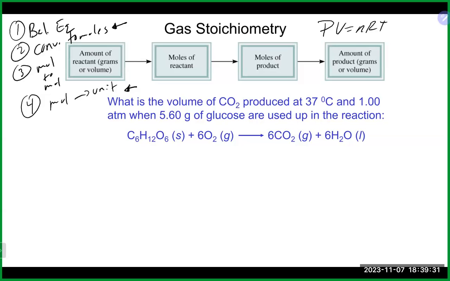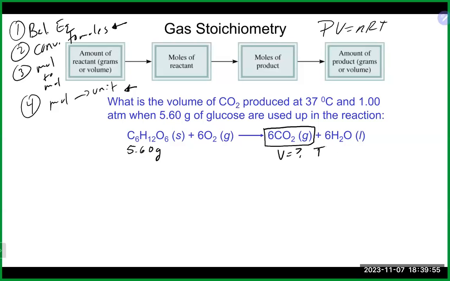So if we look at this here, we want to know what volume of CO2 would be produced at 37 degrees when we have a pressure of 1 atmosphere and 5.6 grams of glucose are used up. So in terms of glucose here, we got 5.6 grams of it. And for our CO2, which is our gas, we're looking for the volume.